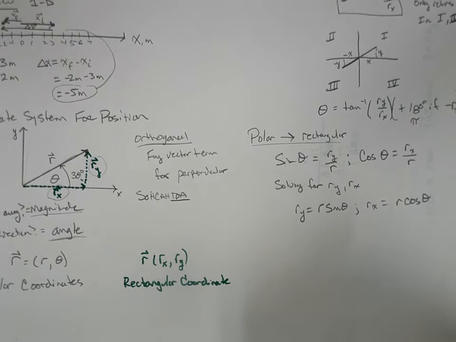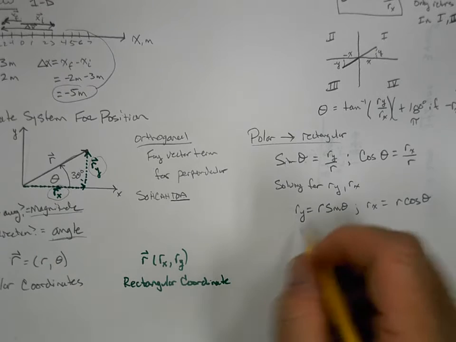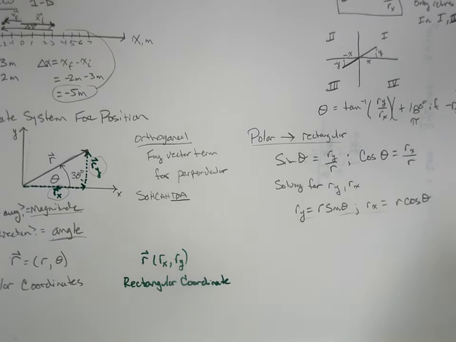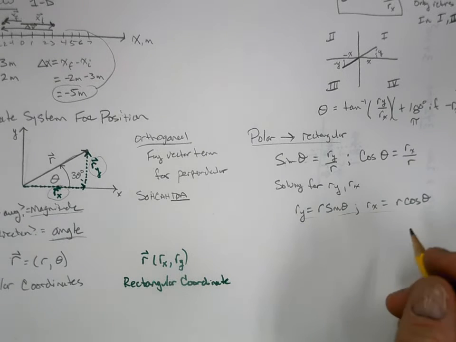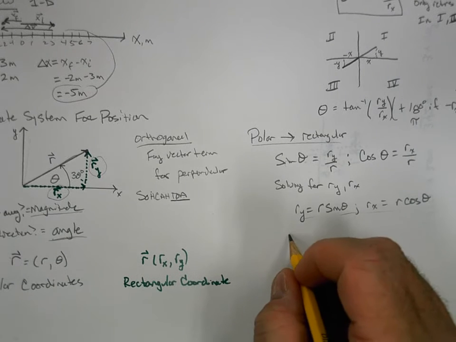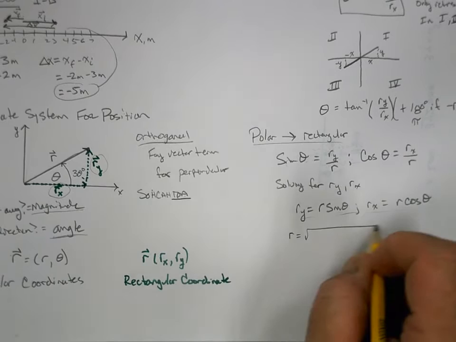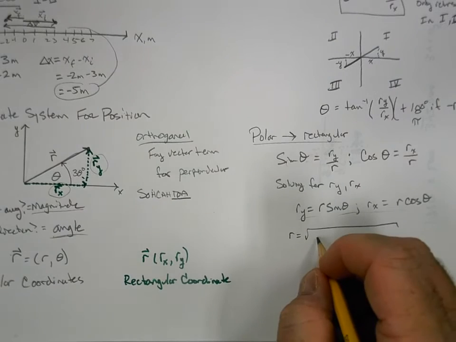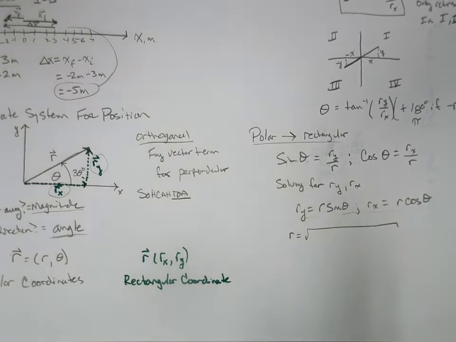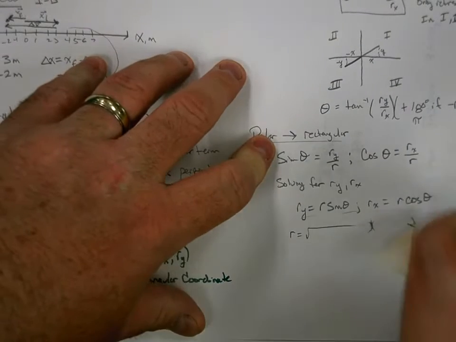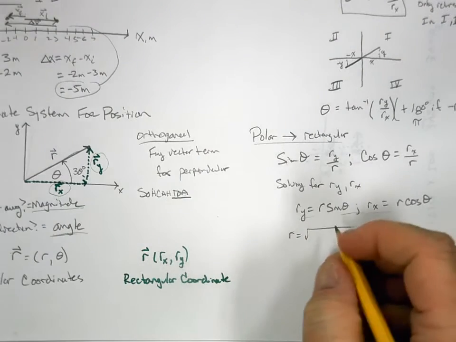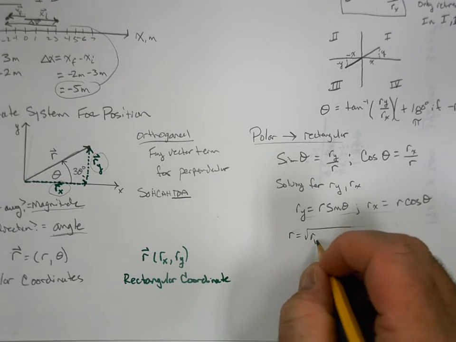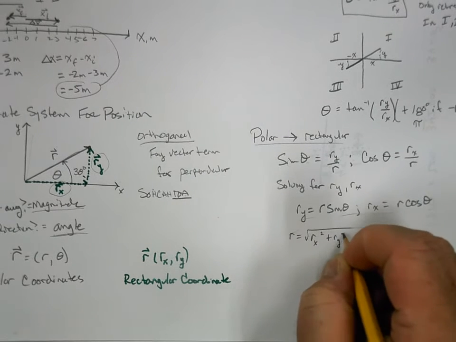But I don't want you to take my word for it. We have these rx and ry, but we're going to go back and convert these into polar just to prove what we're doing. So we know that r equals the square root of rx squared plus ry squared.